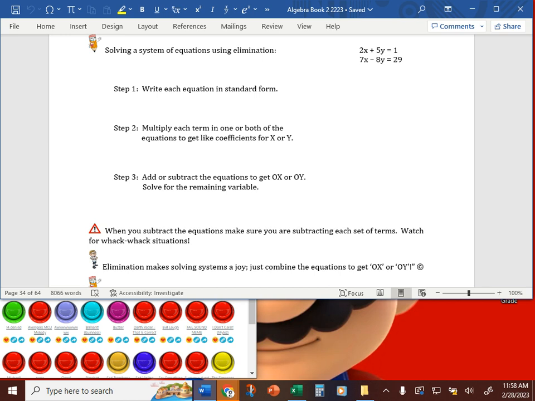Both. Because they're not the same to start with, and 2 doesn't go into 7 evenly, and 5 does not go into 8 evenly. Okay? You can choose whether you want to get x by itself or y by itself. That's your option. Right? But you will need to multiply both equations by something to make that happen. Work must be shown. Without work shown, it'll be marked as incomplete. And it's just this one question that you need to do for homework tomorrow.